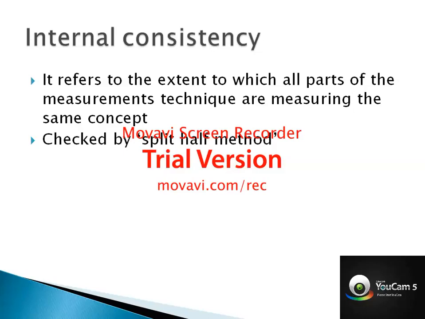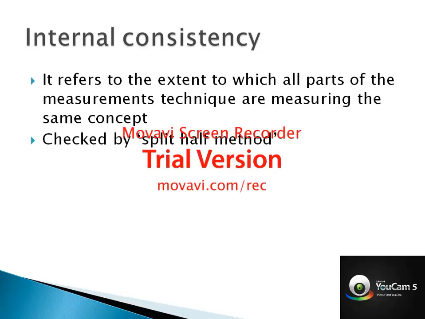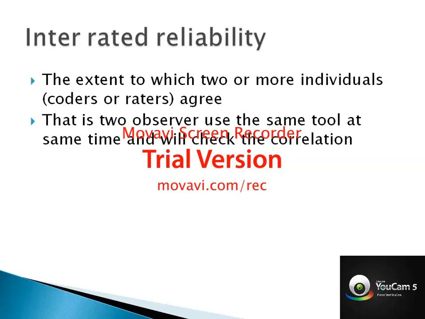If you do that, you will come to know whether the internal consistency is the same, stable, or reliable. So internal consistency is nothing but all the parts of the instrument should measure the same concept, and it is checked by the split half method.